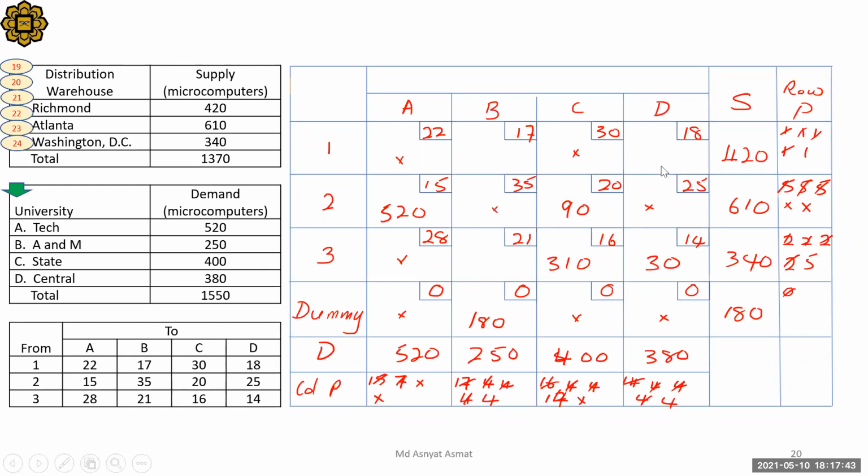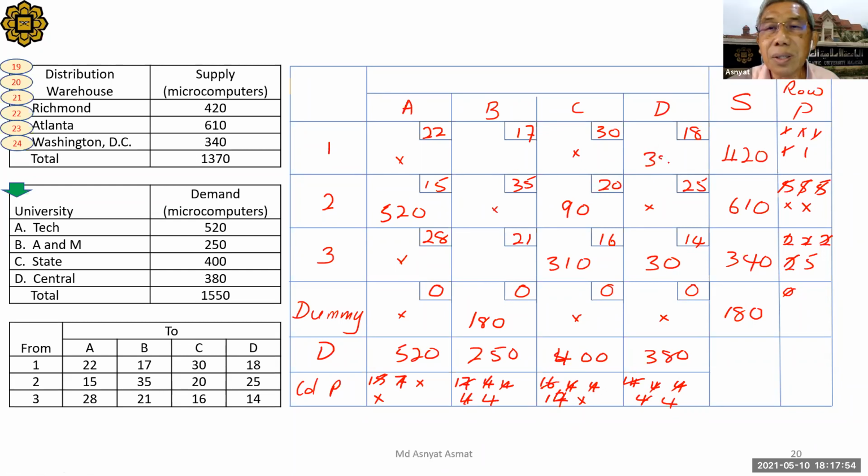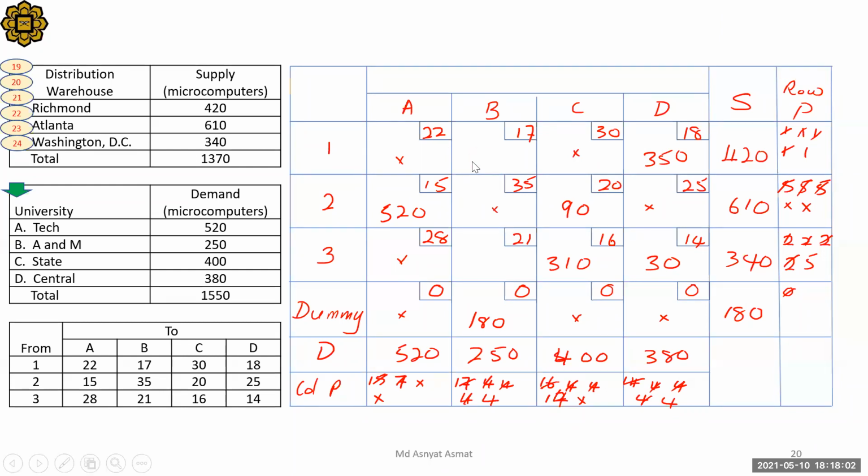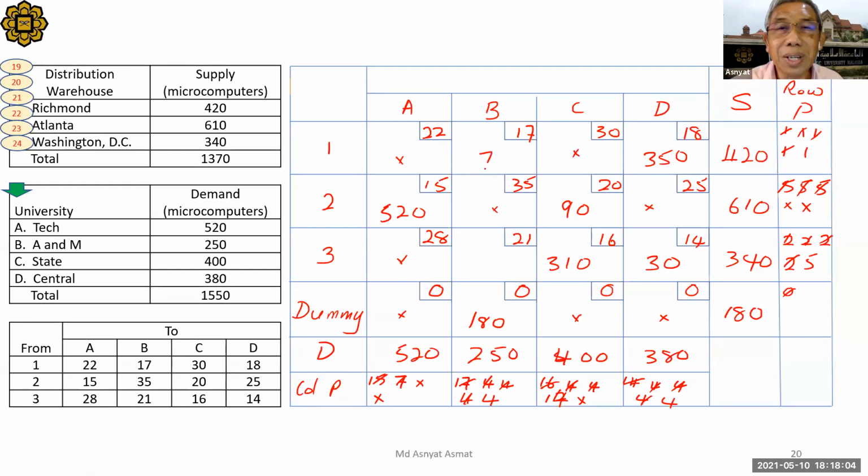Use logic. Use this one first. 300, 350. 70. By right we should be left with 2. Okay, never mind.